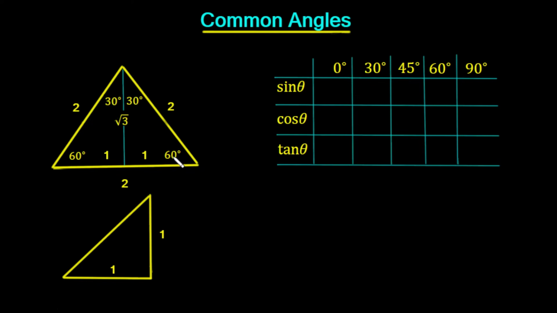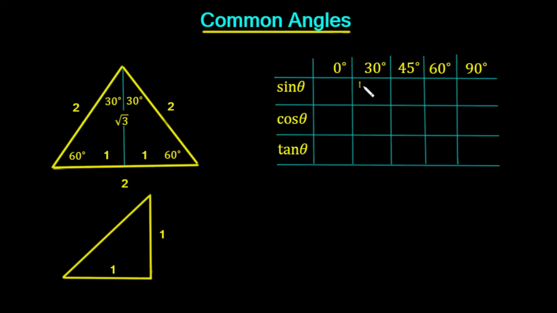So let's put the first one in and we'll work out the value of our sine for 30 and 60 degrees. When we look at this little triangle, we're looking for the sine of 30 degrees. Well, the sine is the opposite over the hypotenuse. So the length opposite 30 degrees is this length here, which is 1, and the hypotenuse is 2. So the sine is going to be 1 divided by 2.